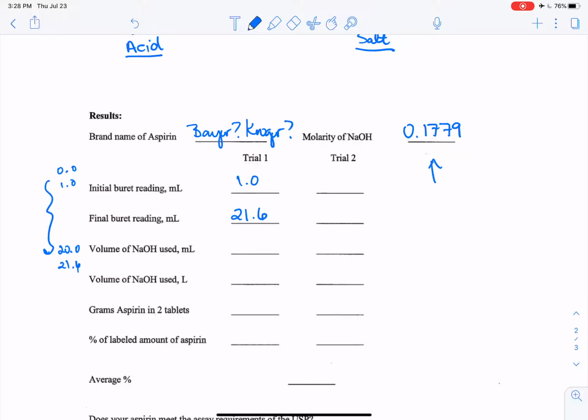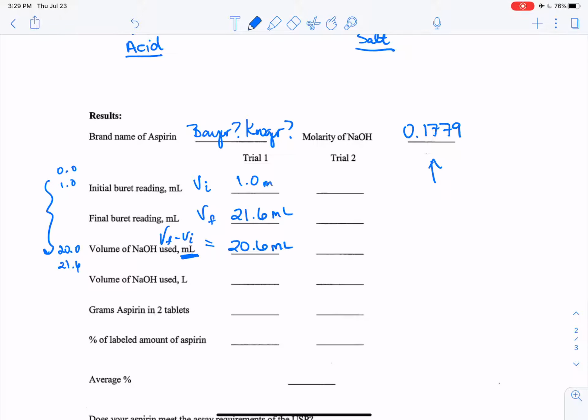So that would give me what? That would give me 20.6. So this is V final and this is V initial. And how I got 20.6 was I did V final minus V initial, and that gave me 20.6. All right, now the next line says volume of NaOH used, and you need to convert that to liters. So this one is in milliliters.